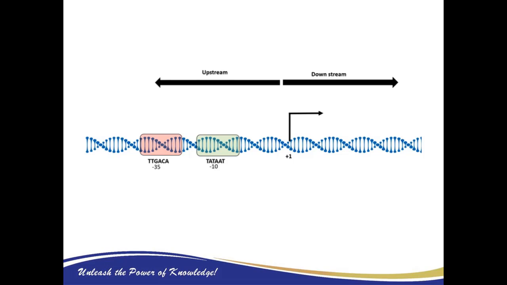At 10 base pair upstream and 35 base pair upstream, there are some well-conserved consensus sequences to which the prokaryotic polymerase can bind. And this binding and finding this promoter is aided by the sigma factor.